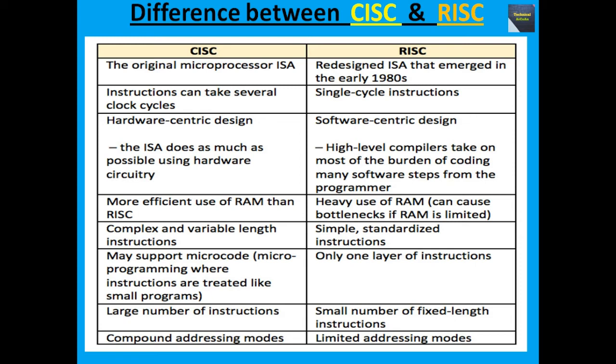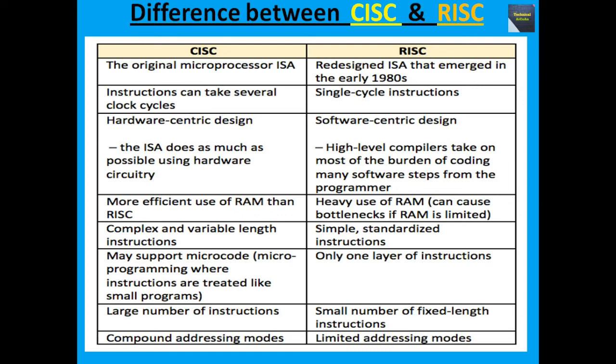CISC makes more efficient use of RAM than RISC. Heavy use of RAM can cause bottlenecks if RAM is limited in the case of RISC.